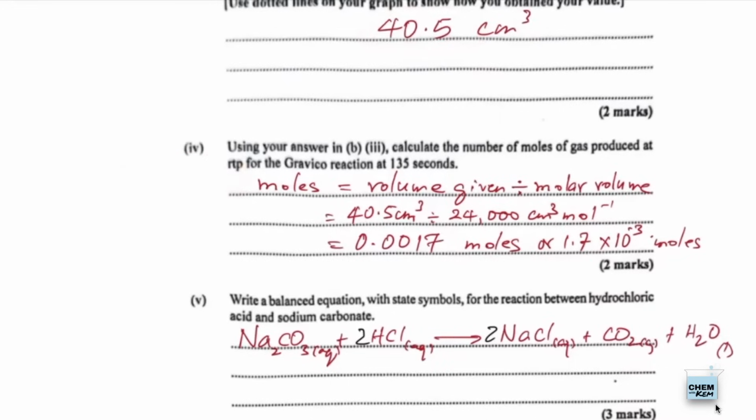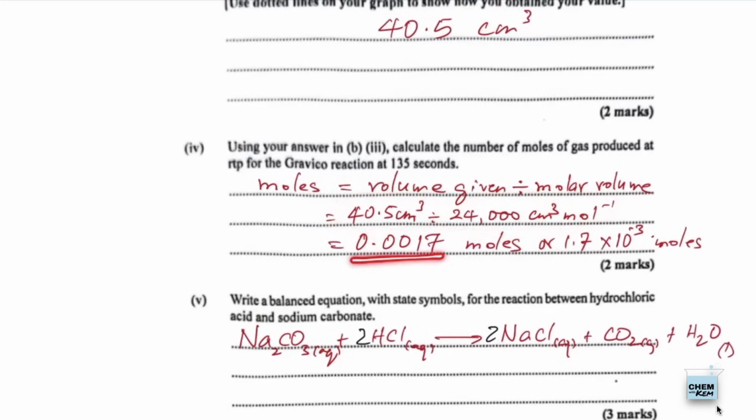So we're taking the given volume and dividing it by the molar volume. So it's 40.5 cm cube divided by 24,000 cm cube per mole. Our cm cube will cancel out and we'll be left with per mole, which when we take it up to the numerator will become moles.